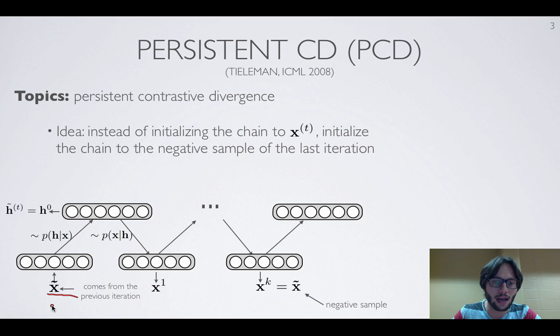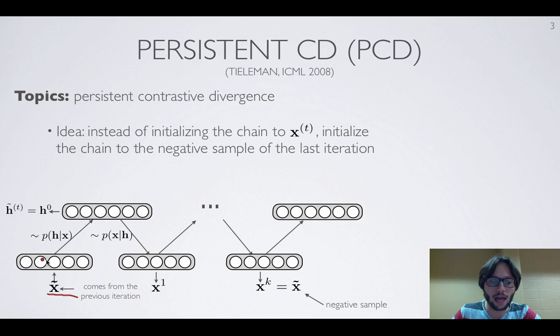So this means that if I've performed, say, 10 parameter updates, and I'm performing just one step of Gibbs sampling for every update, x tilde is going to be fairly close to the result of performing 10 steps of Gibbs sampling instead of just a single step. It's not exactly this, because during the Gibbs chain, the parameters of the RBM will have changed, because I'm updating the RBM as I'm doing this.